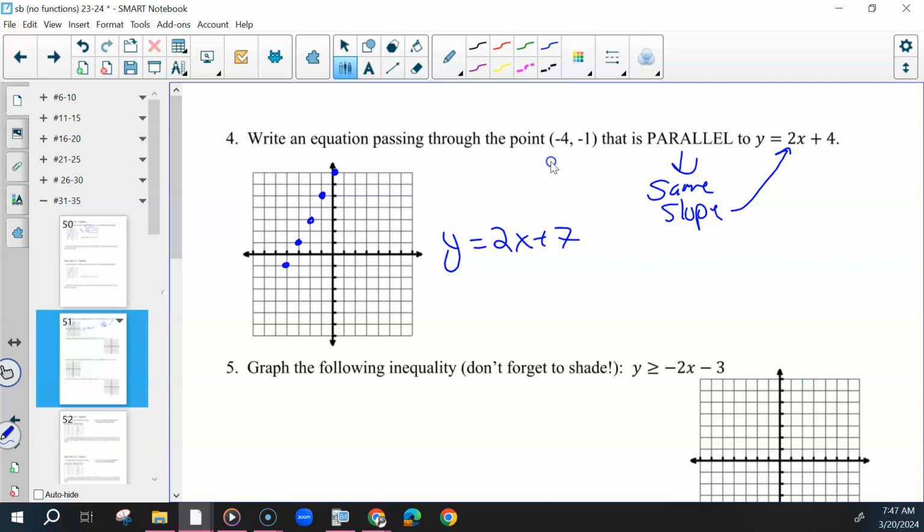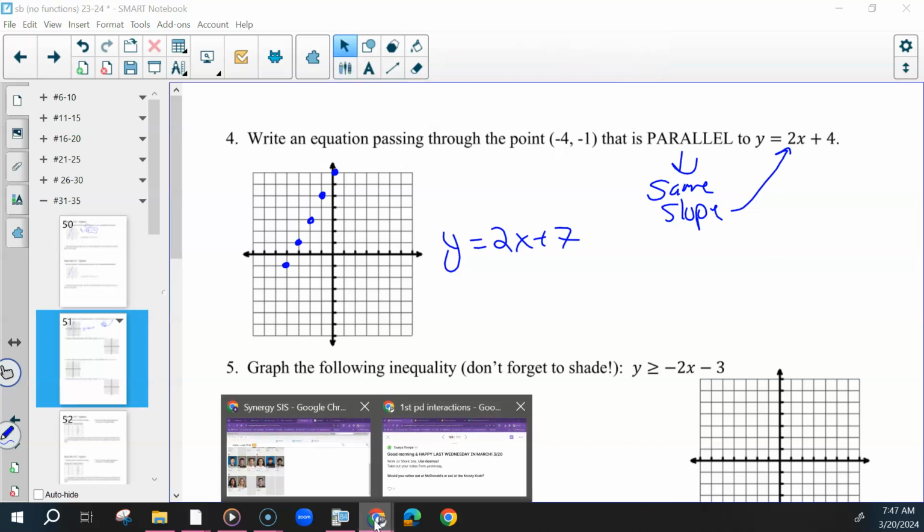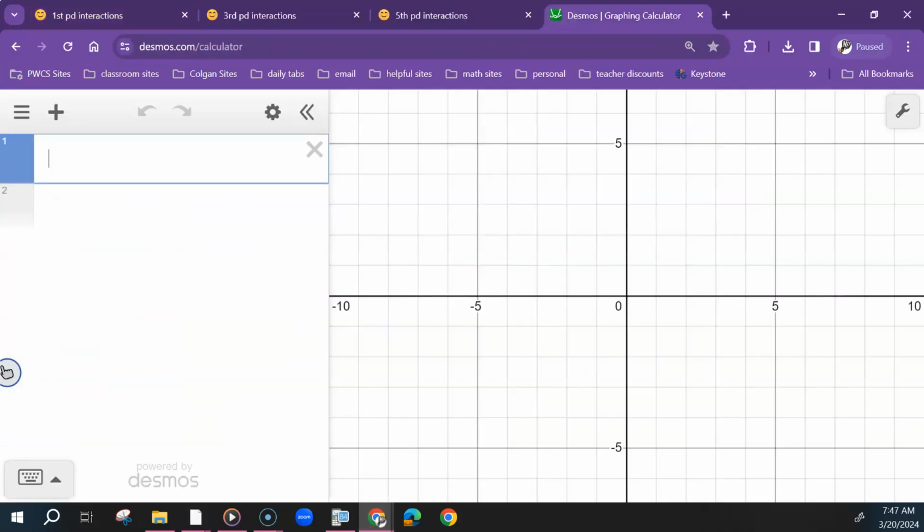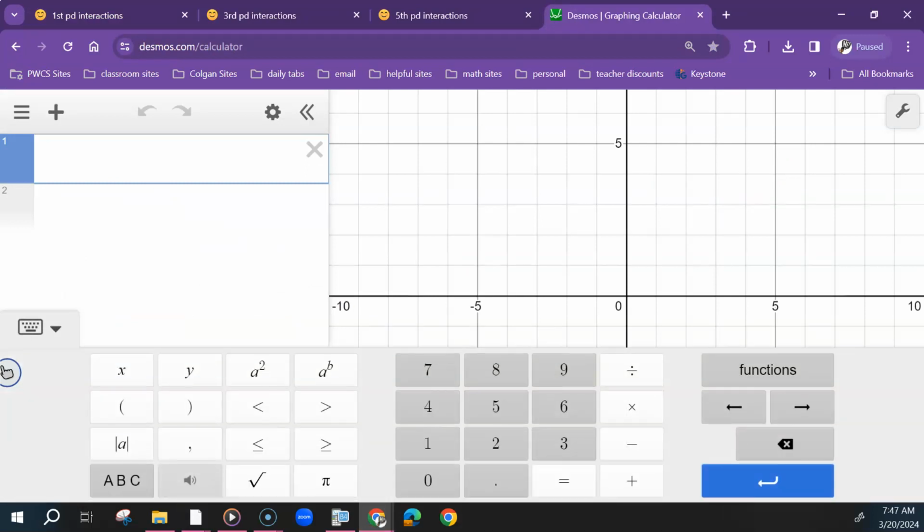Wait, can you do something other than 7? No. It has to be 7. From the graph, from Desmos, algebraically, all of them should give you 7 as your y-intercept. You could use your point-slope form. In Desmos, you could type in the ordered pair.